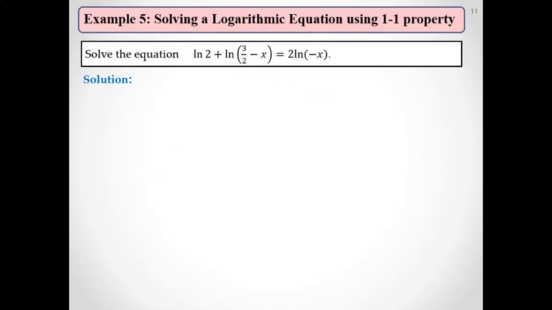Now let's look at this question here. The first thing you have to do is combine them because we have the same base, ln. It means log base e, and then try to write ln of something equal to ln of something. Then we will say they're the same.